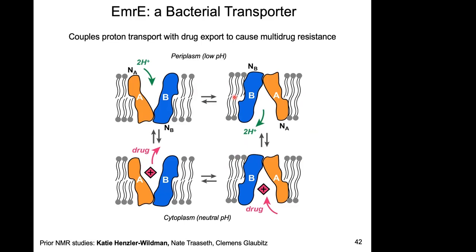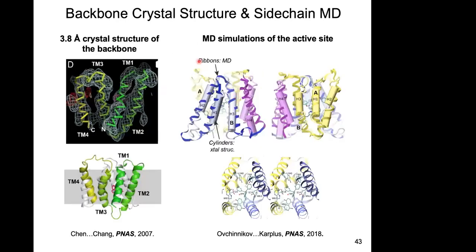Despite a lot of biophysical work on this system for many years, people didn't know the structure to high resolution. Low resolution information is available. There was a crystal structure of the backbone, 3.8 angstrom, and that was good enough to say, definitely you have two copies of the protein and it's anti-parallel, A and B. That part was clear.